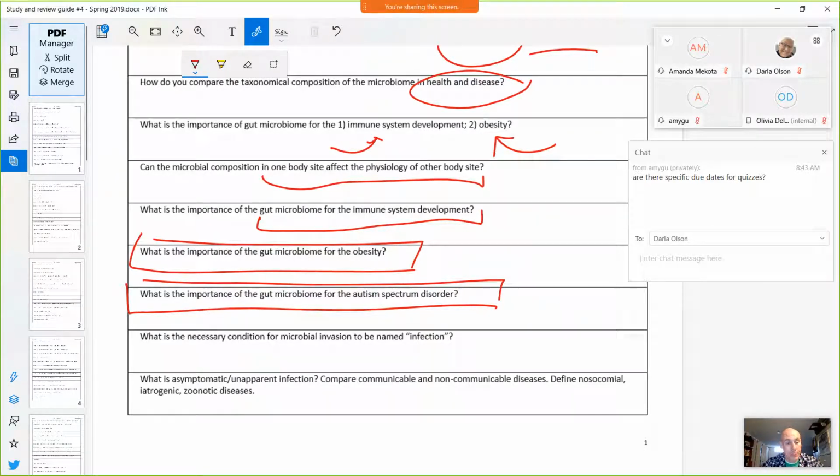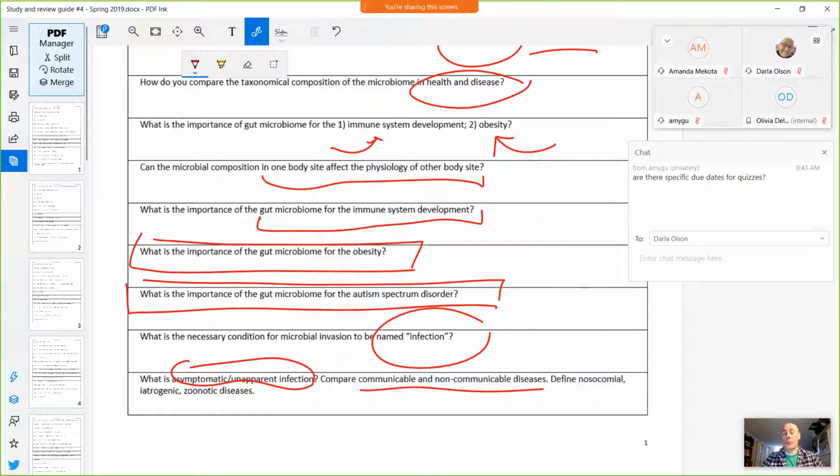So infection is when a microorganism replicates. Asymptomatic, inapparent, well, that's that. No symptoms. Few things: communicable, non-communicable. So communicable, and we're talking infectious disease.